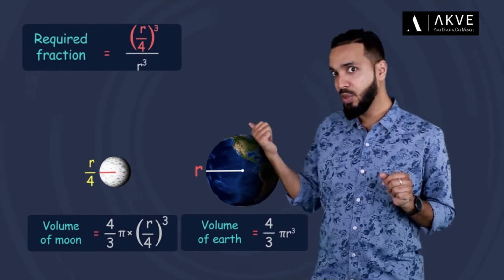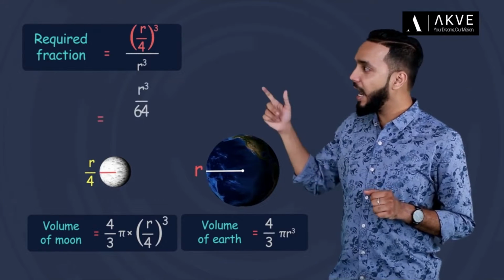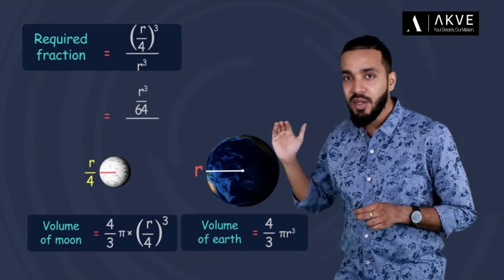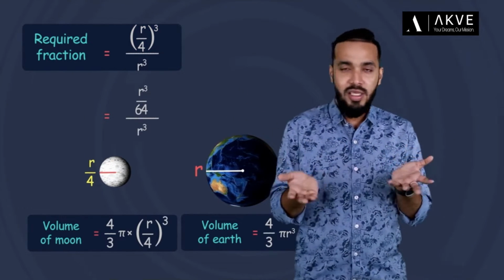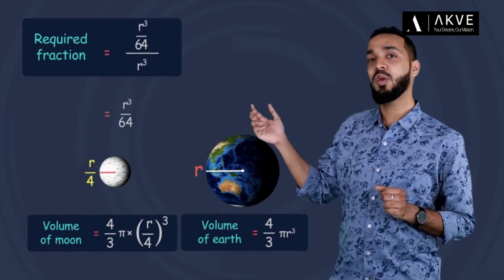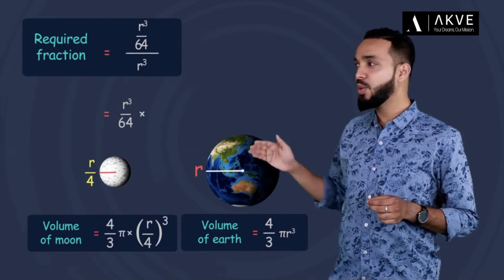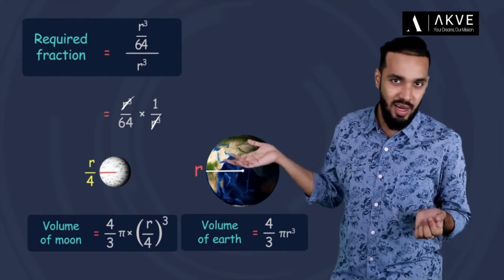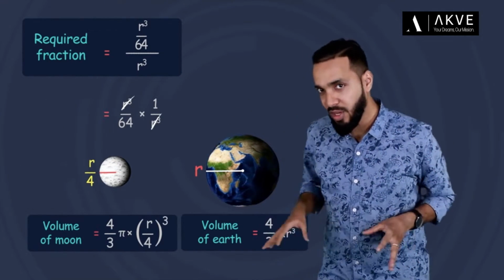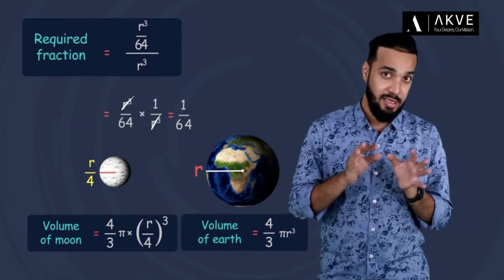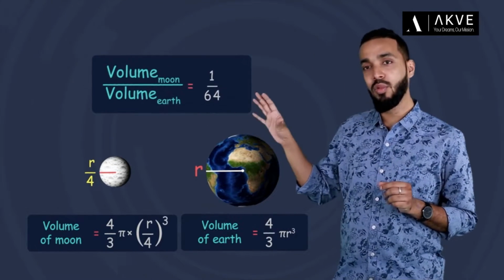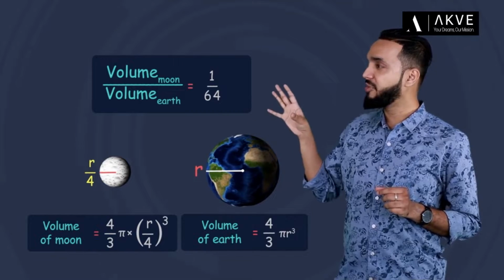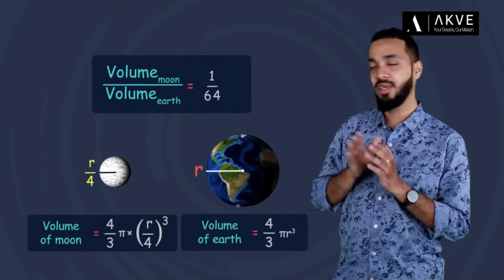On simplifying the numerator, we get r cubed by 64 divided by r cubed, which can also be written as r cubed by 64 into 1 by r cubed. Now, r cubed obviously gets divided, and we are finally left with 1 by 64. Basically, volume of the moon divided by volume of the earth is equal to 1 by 64.